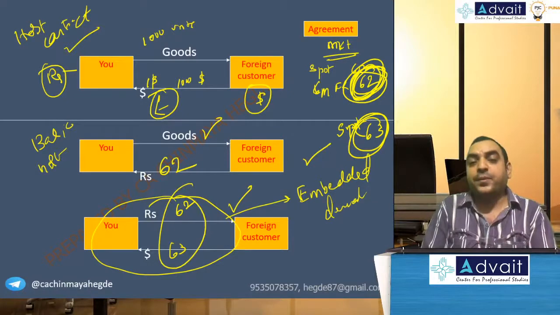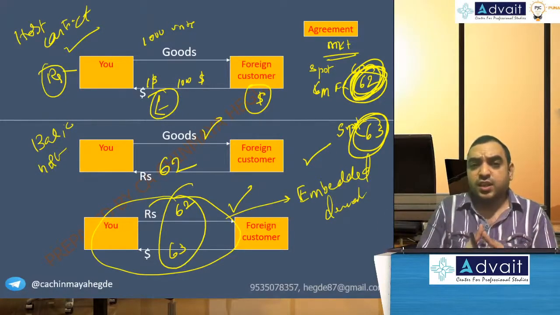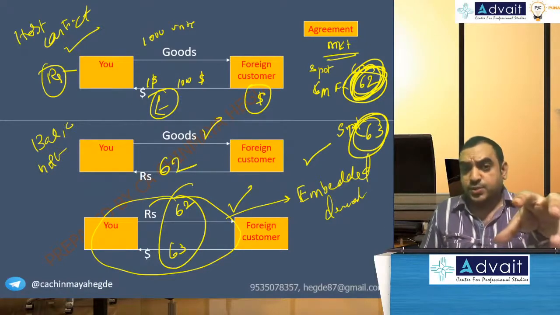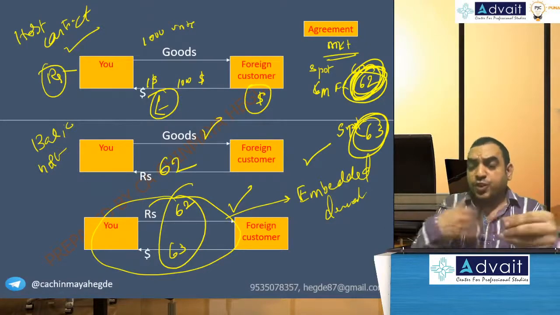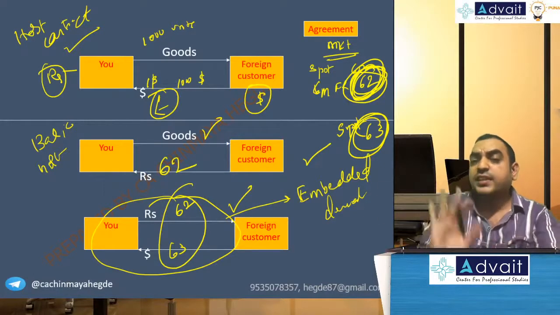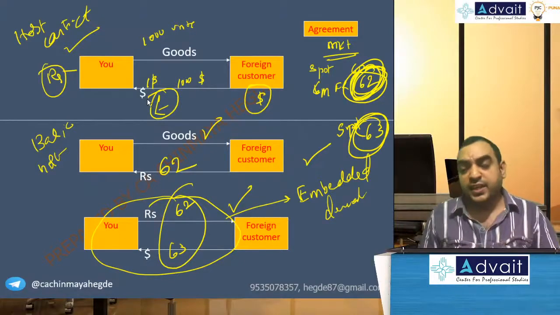This typically happens with, let's say, Arab countries. When they sell oil, their currency is dirhams, ours is rupees, but we usually sell through dollars. When a third party currency is involved, you need to separate it. That is the accounting treatment, but in the exam they will give it to you.